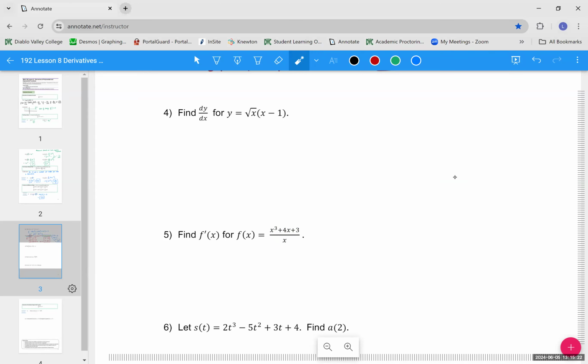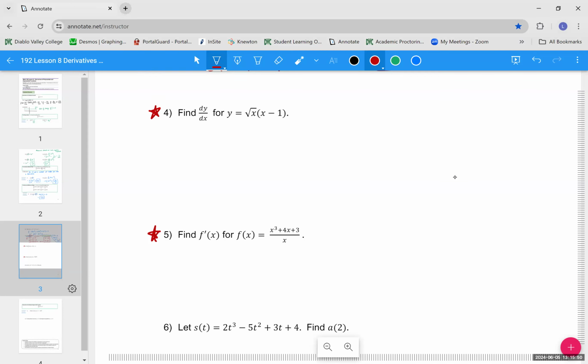And you'll notice that we did not have any rules in this lesson about derivatives of products or derivatives of quotients. It didn't say, oh, you just multiply the derivative of one times the other, because you don't. Okay, so you have to be careful here on both of these problems. You do not have a rule that tells you what you can do with products and quotients.